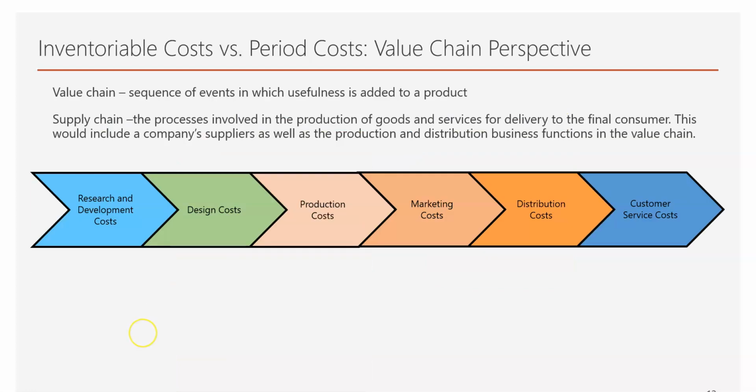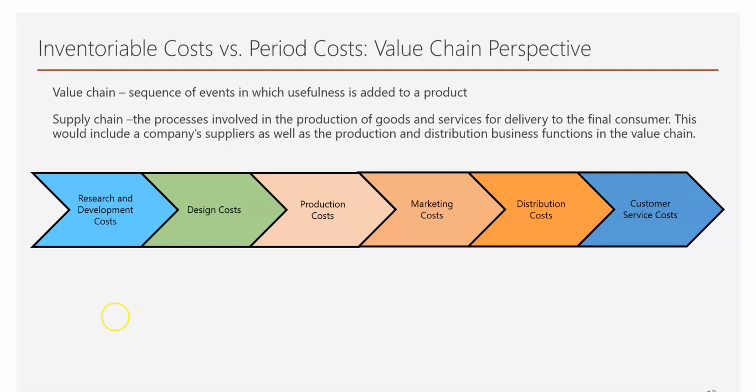Now let's take a look at inventoriable costs and period costs from the value chain perspective. Remember, the value chain is a sequence of events in which usefulness is added to a product. And remember, we talked in Chapter 1, the supply chain is a process involved in the production of goods and services for final delivery to a customer. This would include our company suppliers, as well as the production and distribution functions in the value chain.